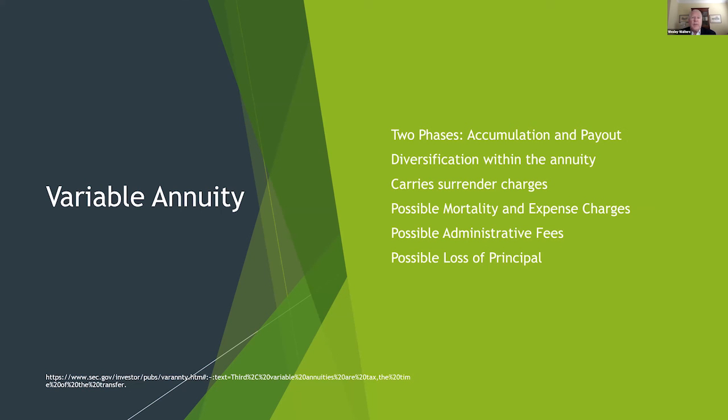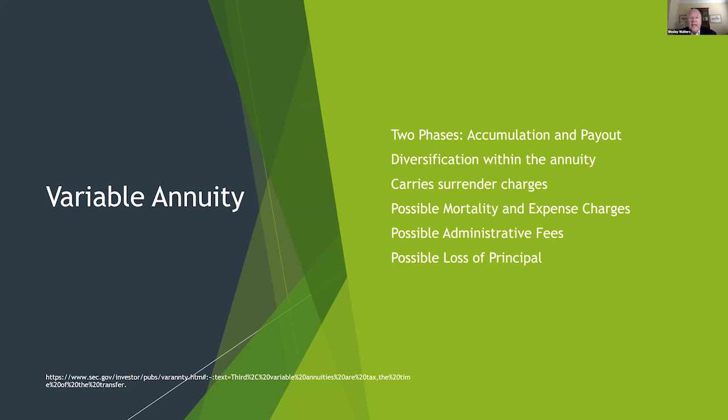Now, let's take a moment and look at a variable annuity. It basically has two phases. We accumulate and then we pay it out. You get diversification within the annuity because you get to select sub-accounts. Remember, these are mirrors of mutual funds. They carry surrender charges like every other annuity.